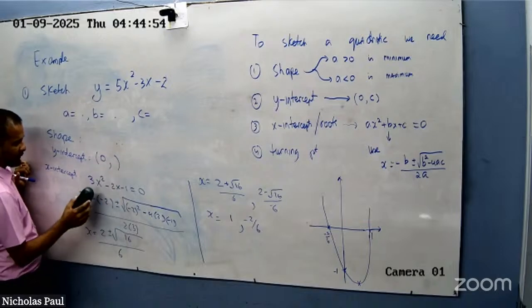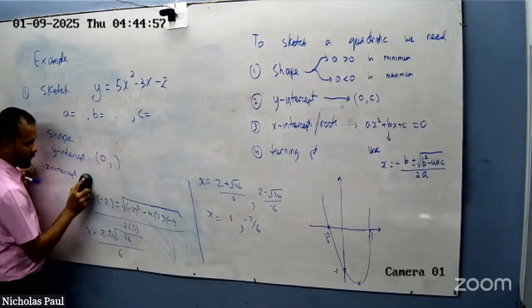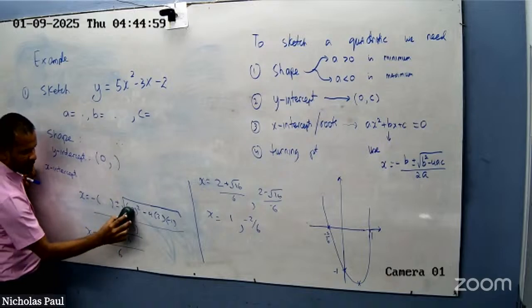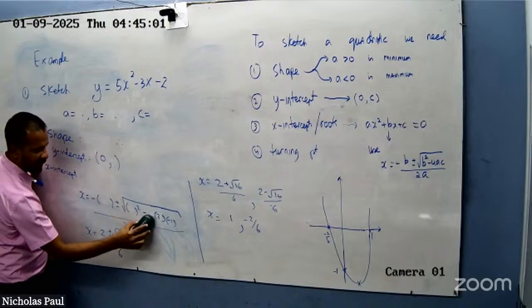Find the y-intercept. Then do your thing here, solve it. I'm just rubbing this off for you, just putting the values in.